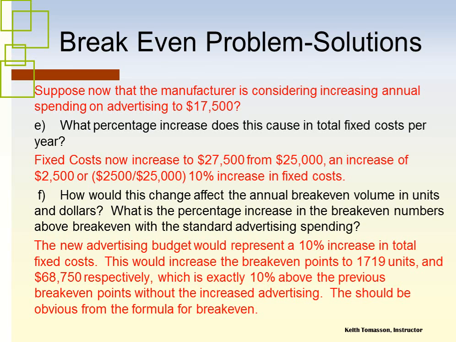As well, our break-even in terms of sales volume increases to $68,750 from the $62,500 we previously calculated, which again is a 10% increase in terms of sales dollars. You can go through and do the calculations for yourself, but in this example, an increase of 10% in fixed costs led to an increase in our break-even point of 10%, both in sales dollars and in the number of units that need to be sold.